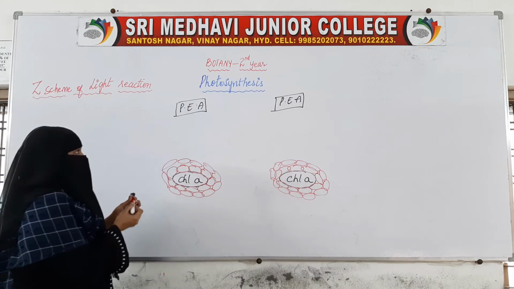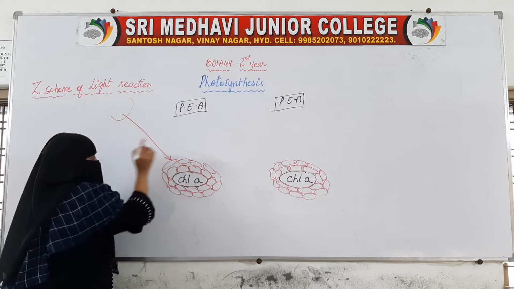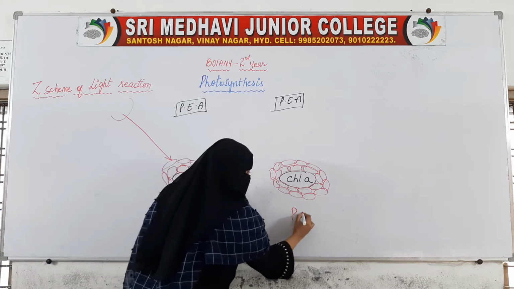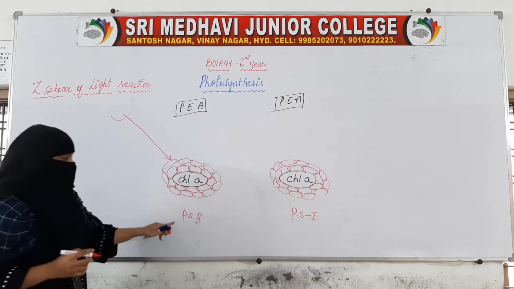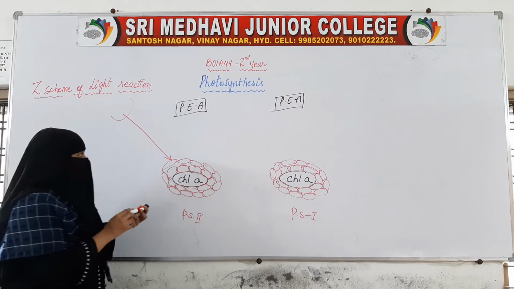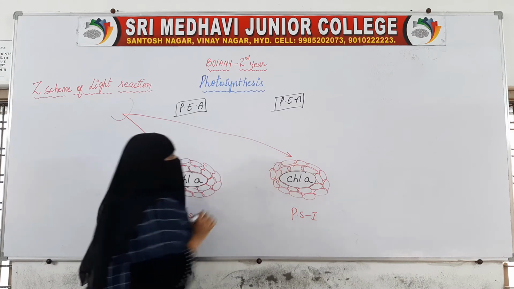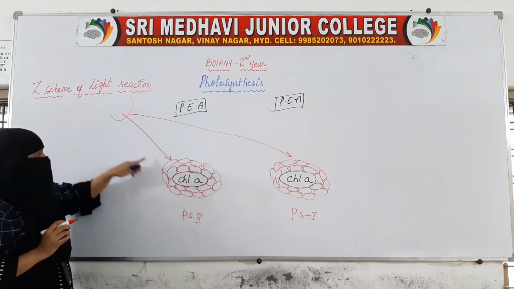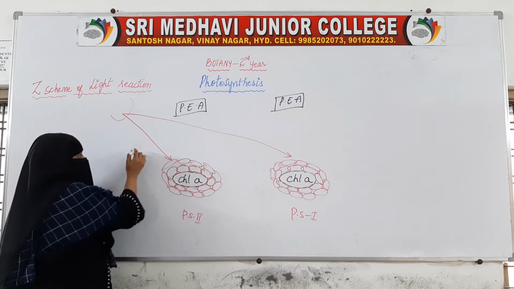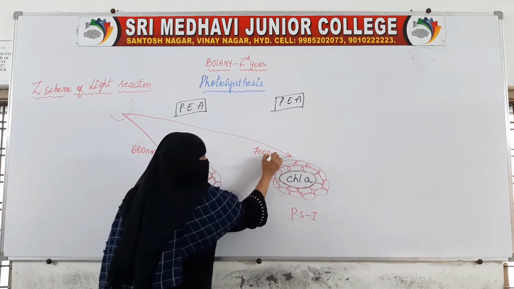When light falls from the sun, this is photosystem 2 and this is photosystem 1. When the light falls on this reaction center as well as this reaction center, this one absorbs light of wavelength 680 nanometers, and this one absorbs light of 700 nanometers.